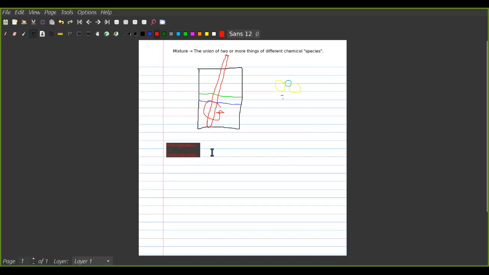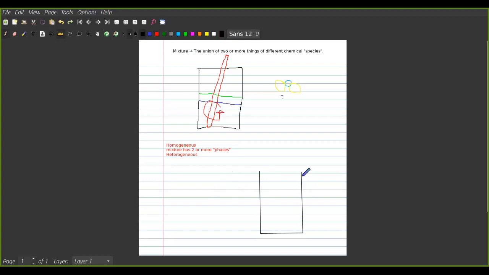That's when the mixture has two or more, between quotes, phases. So what's a phase? A phase is just an observable layer, if you will. Imagine now our beaker, but let's say we put water and oil.